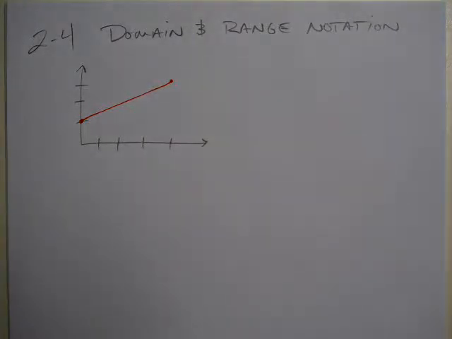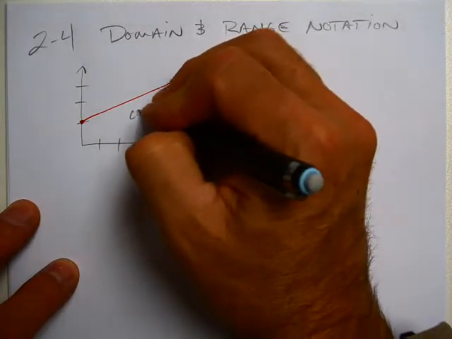First thing I want you to answer for me or note is, is it continuous or is it discrete? Yeah, it is continuous, right? Because it's a series of points that are connected with a line. So this is continuous.